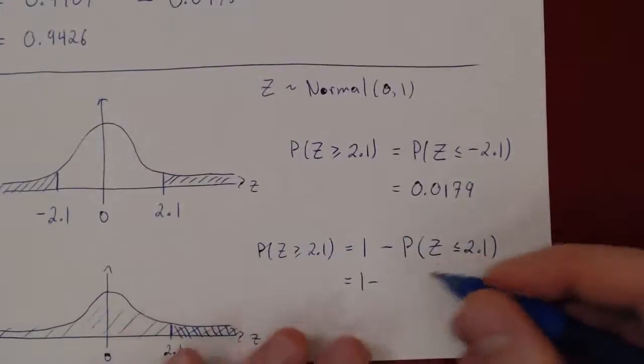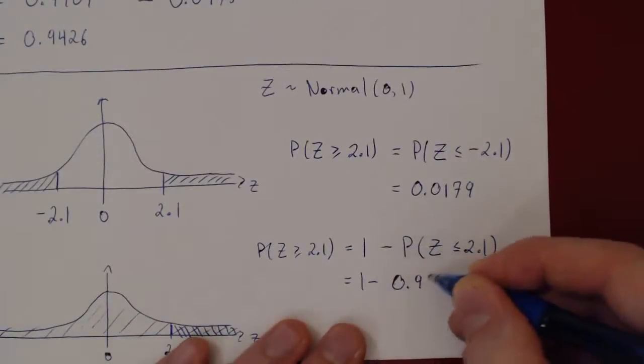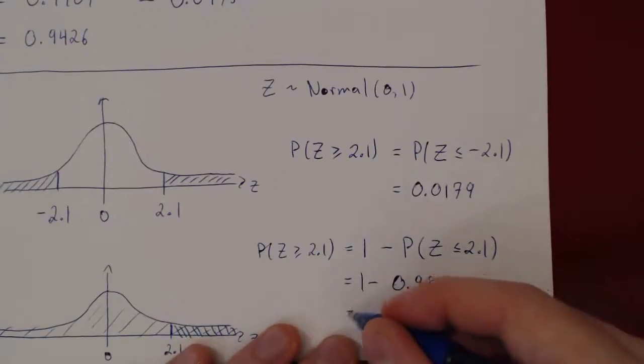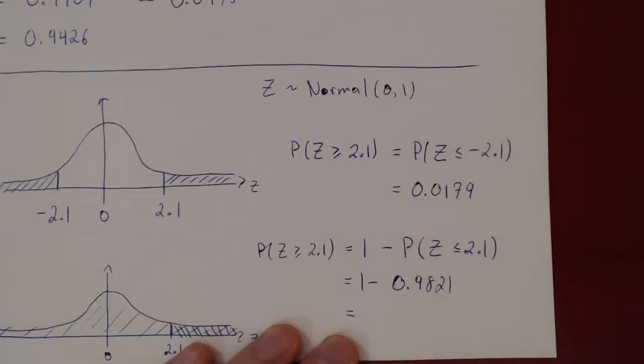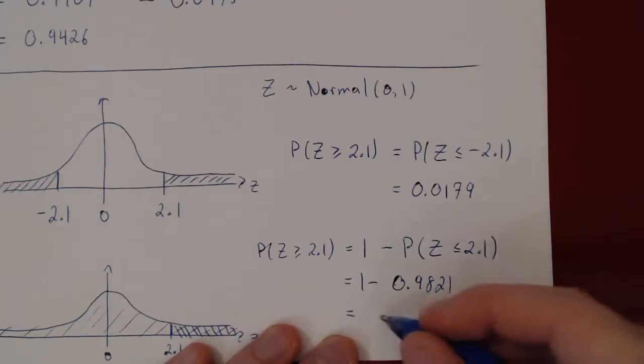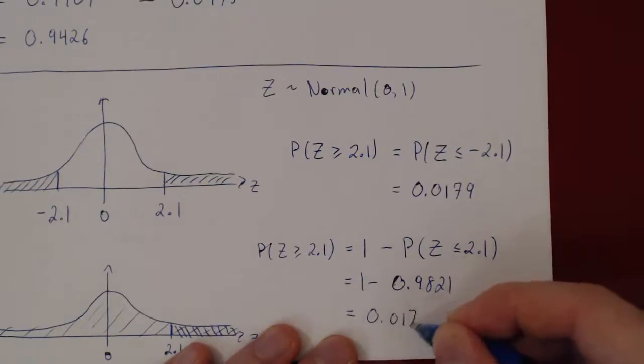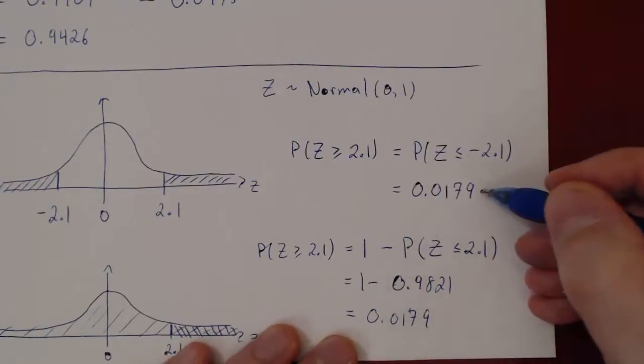So this is equal to 0.9821, and if we subtract, 1 minus 0.9821 gives us 0.0179, just as before.